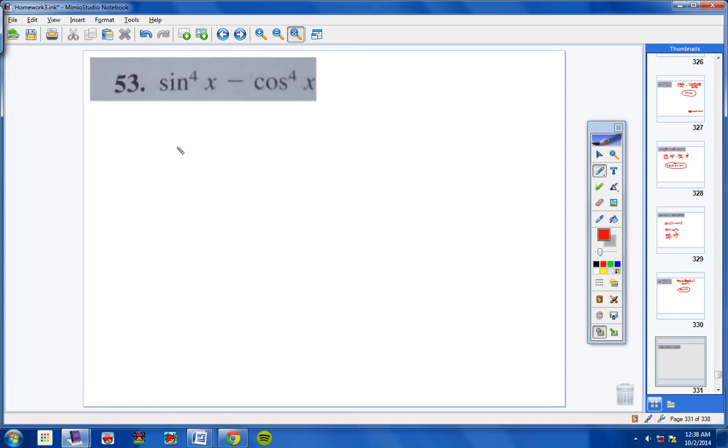Okay, we should know how to factor this. We have the difference of perfect squares, so the square root of sine to the fourth is sine squared. And the square root of cosine to the fourth is cosine squared.